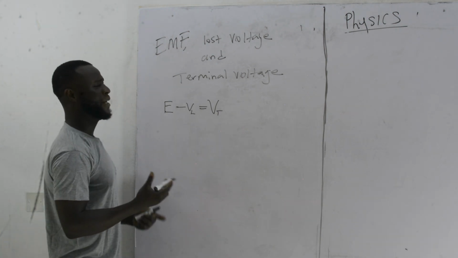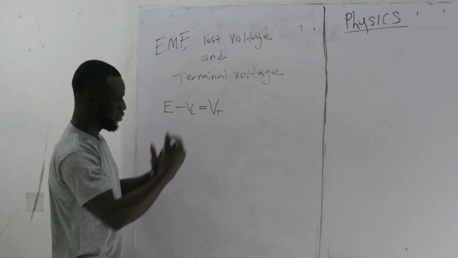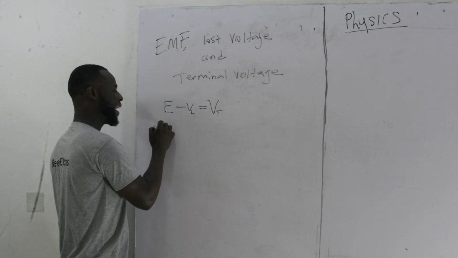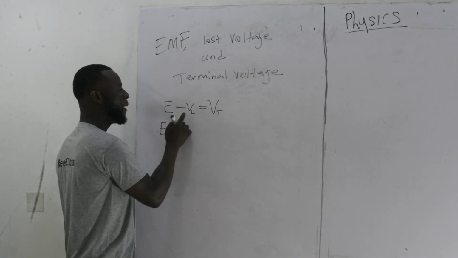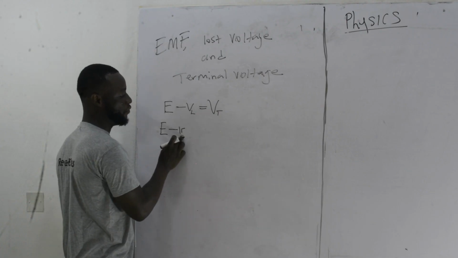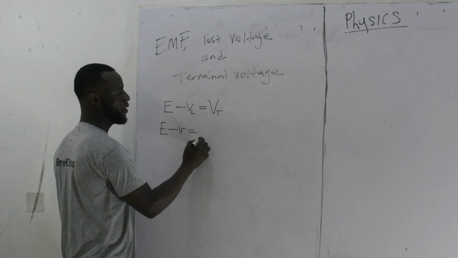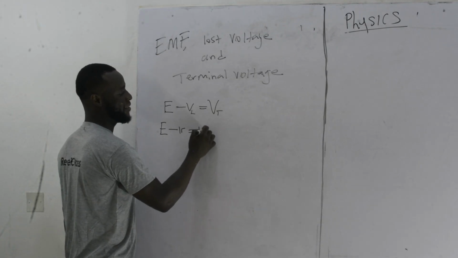Now, remember that that cell is connected to an external load or an external circuit. So I have E. My loss voltage is actually current times the internal resistance of the cell, while the terminal voltage can also be current times the external resistance.